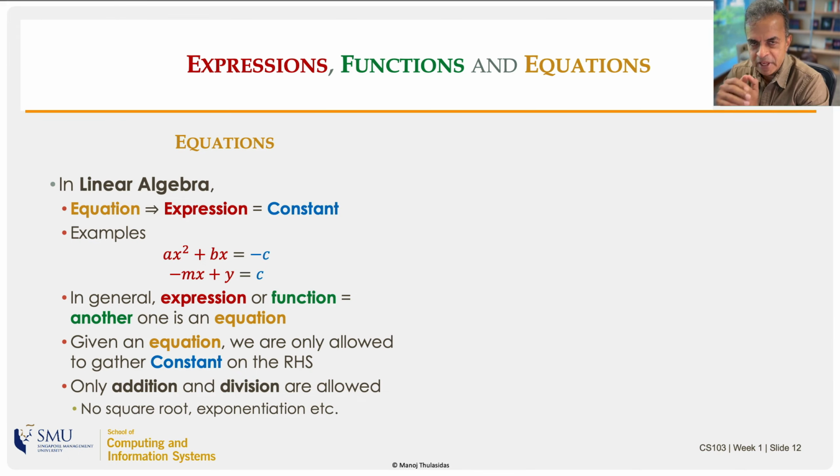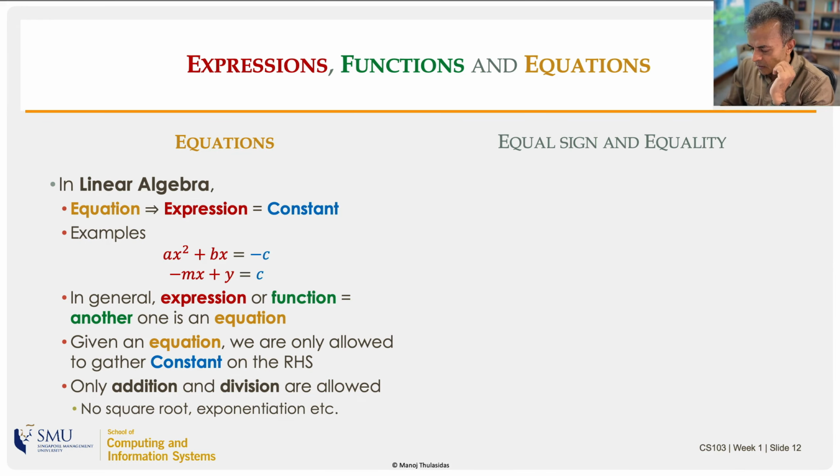The best way of using it for this course is by saying that constants have to be on the right-hand side, expressions on variables will have to be on the left-hand side, etc. But you might find it completely fine and even advantageous to use something differently later in life, but go ahead, do it. Don't say that prof said equations are expression equal to constant, so this is not an equation, so I cannot do anything here. No, that's not what I'm saying.